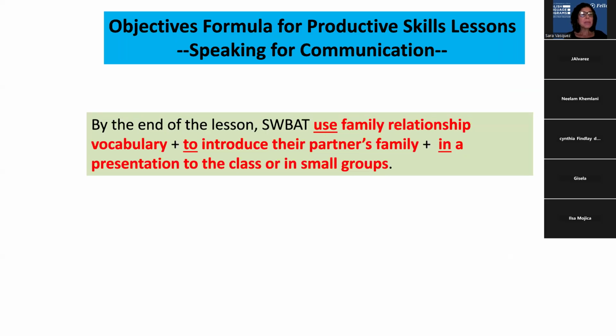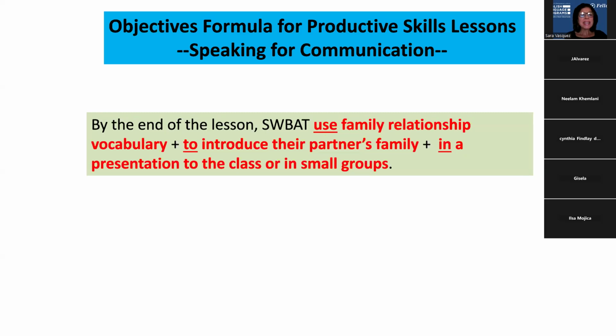So these examples will address specifically speaking for communication. Okay, so productive skills, how to say something in our English target language. So I'm going to go ahead and read the first one. And notice that the red parts are the components that we want you to see clearly in this SWOBAT formula.